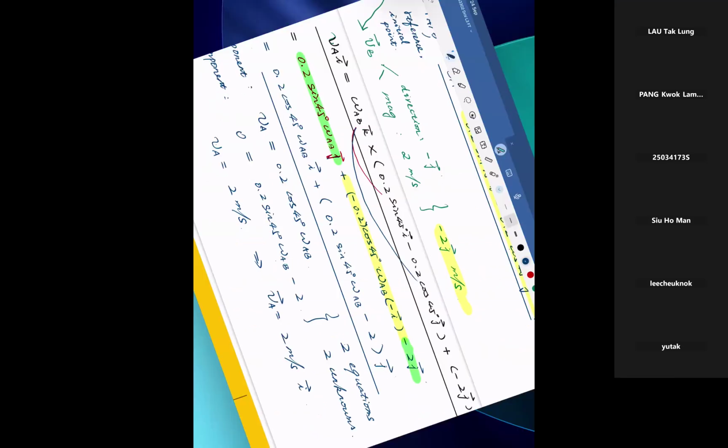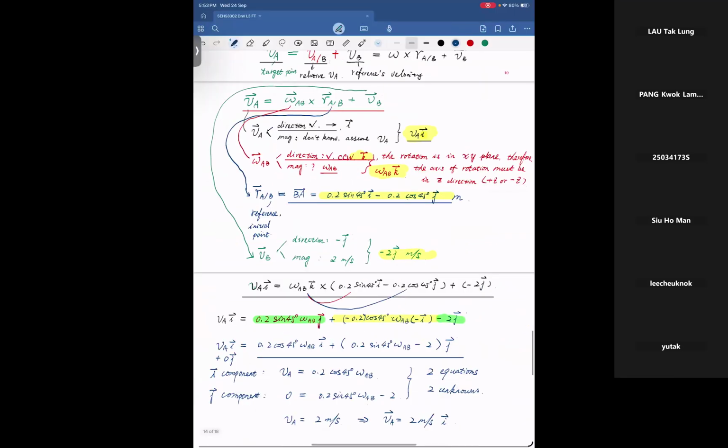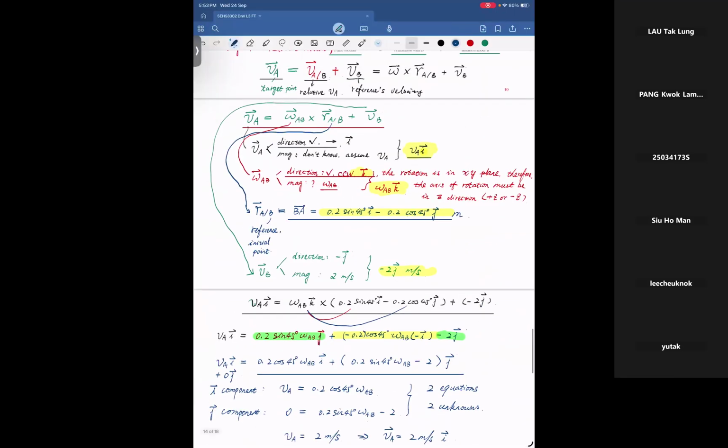Because this is the first time we analyze this kind of problem, if you get familiar with it, it's going to be very easy to deal with.